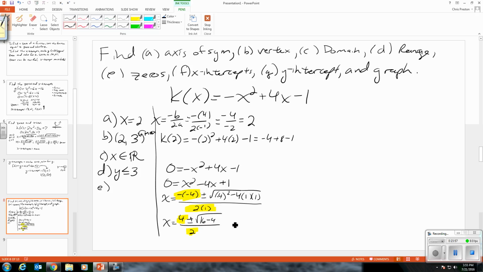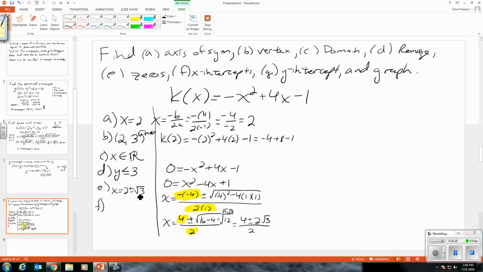16 minus 4, that's the square root of 12. 12 is 4 times 3. So this is 4 plus or minus 2 root 3 over 2. So my zeros are 4 divided by 2 is 2, plus or minus 2 root 3 divided by 2 is root 3.